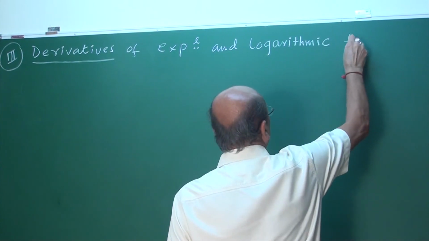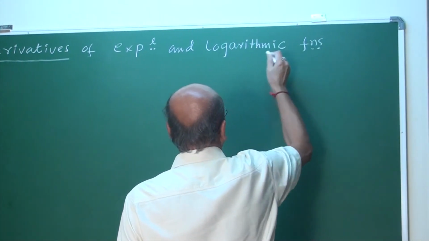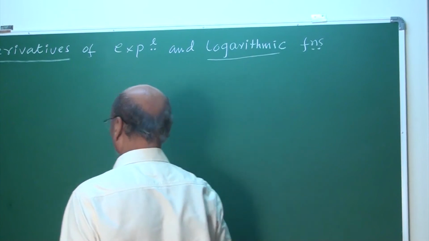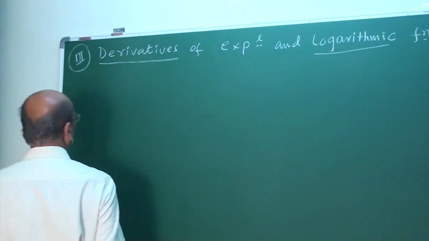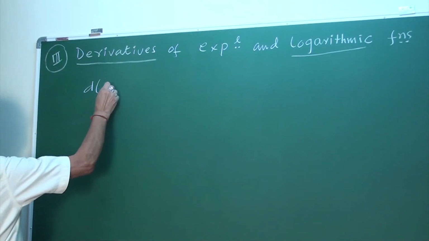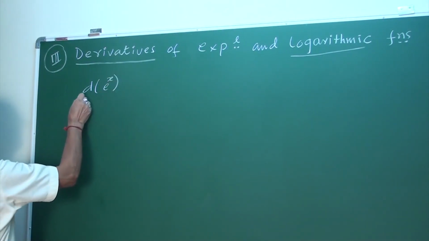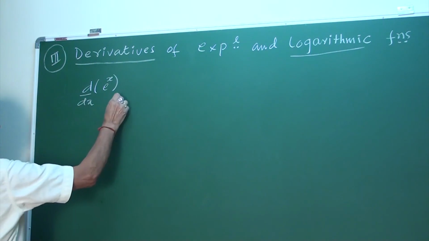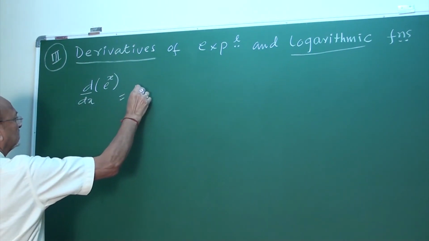In exponential, you have three. Derivative of e to the power x with respect to x is what? e to the power x.